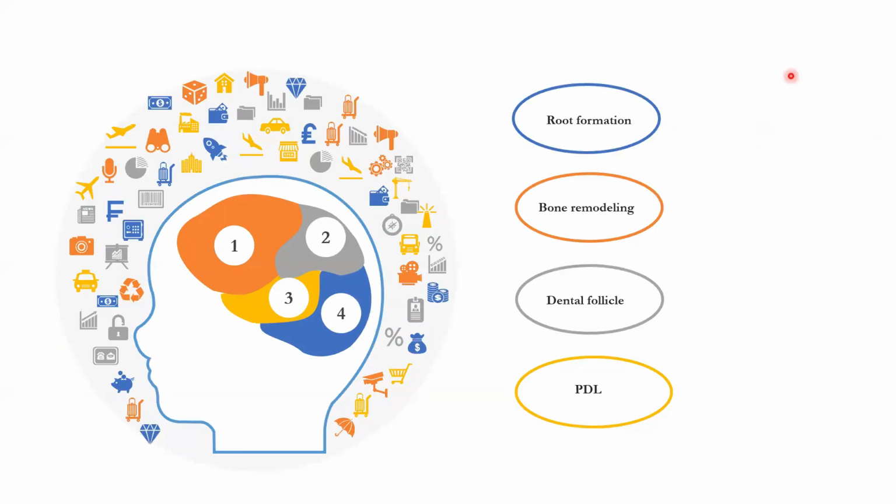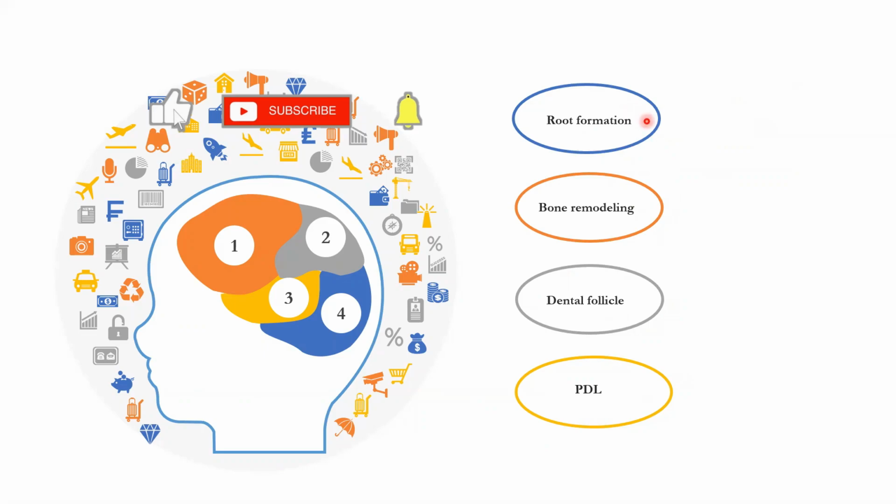So, the four theories, just to recollect: the root formation, bone remodeling, dental follicle, and periodontal ligament. Periodontal ligament has contractile properties, hence it helps. Bone remodeling, because osteoclasts are supposed to have an important role, but it's actually the dental follicle which has the major role because it recruits the osteoclasts and sends its signal and chemoattractant so that osteoclasts can do their function.